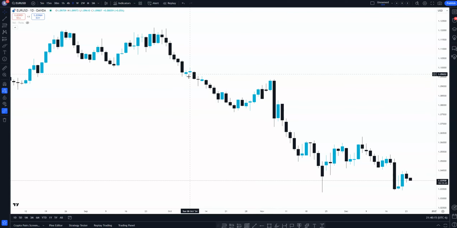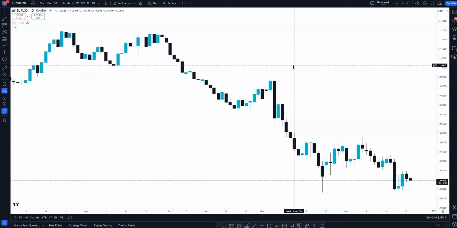On my charts, the black candles represent down candles, and the blue candles represent up candles, so up price action. For a down candle, that just means the closing price is below the opening price, and for a bullish candle, the blue ones, that just means the closing price is above the opening price.